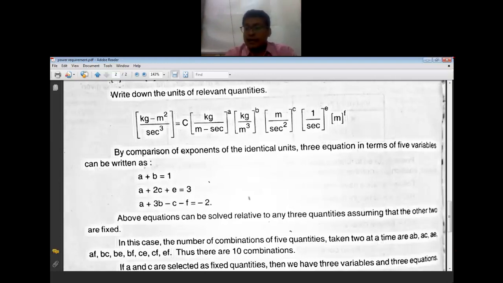Then the second equation is for the seconds.